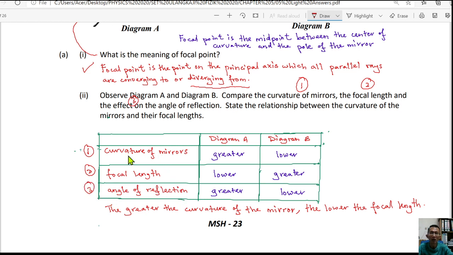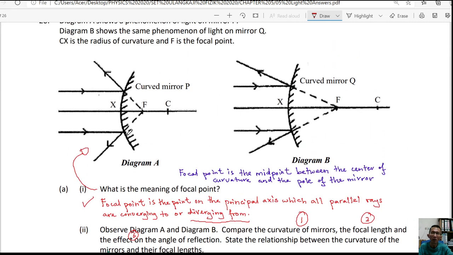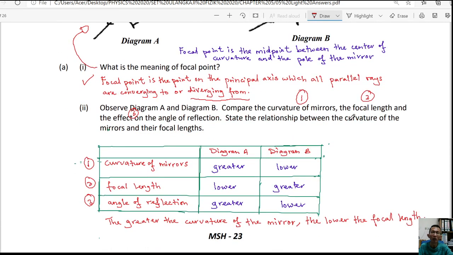Okay, now curvature of mirrors. Curvature of mirrors in bahasa Melayu is kelengkungan cermin. So you compare the curvature of the mirrors, which one is more melengkung? Okay, A is more curved, right, compared to B. Alright, so I simply write A is greater, B is lower.